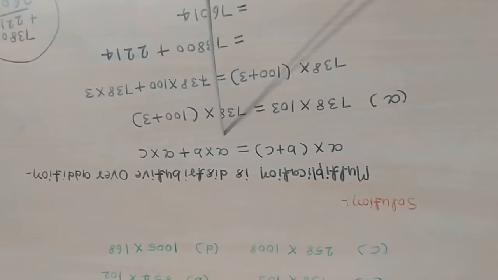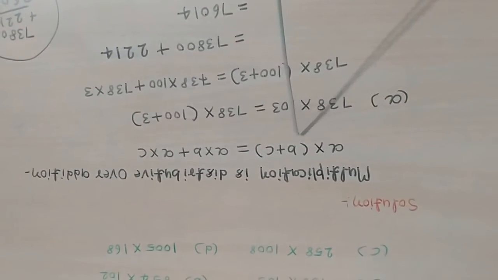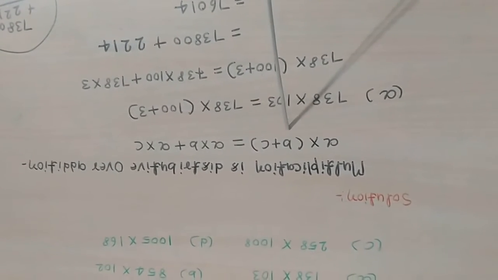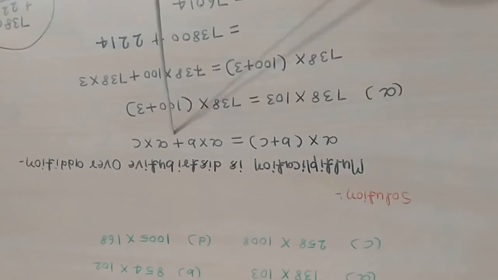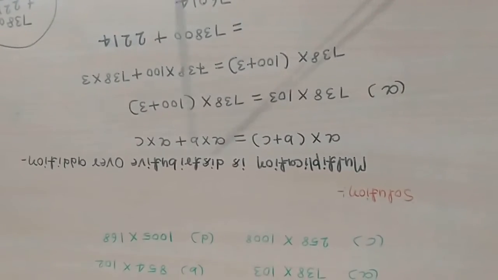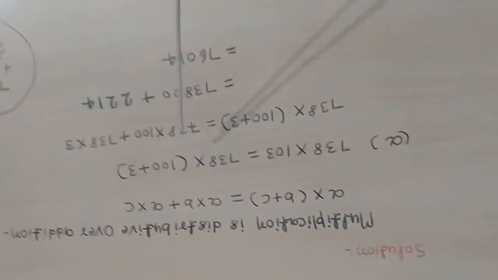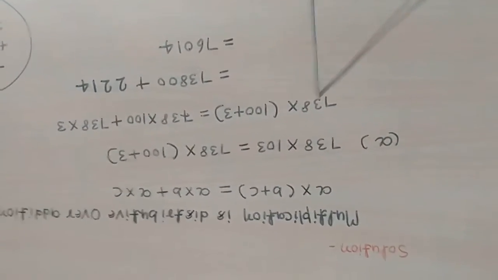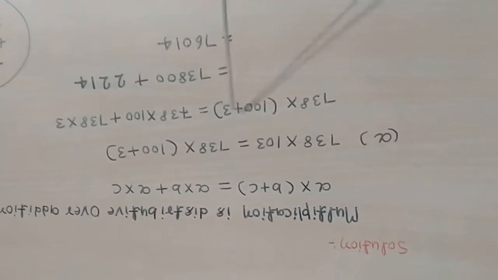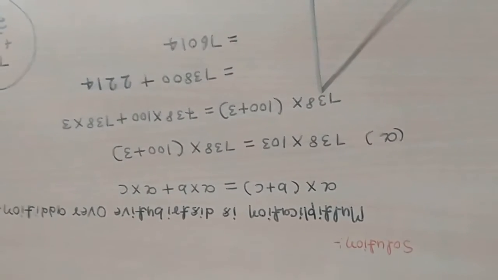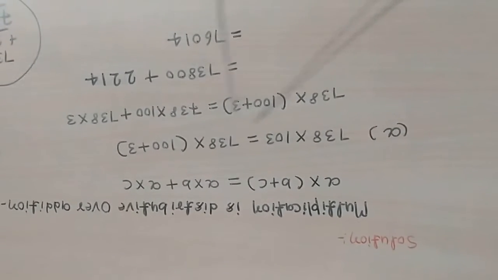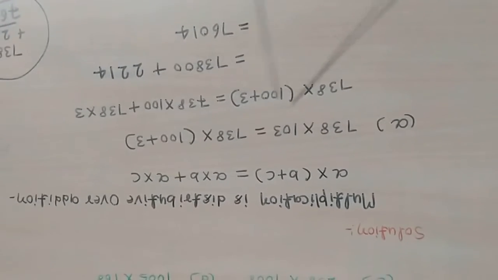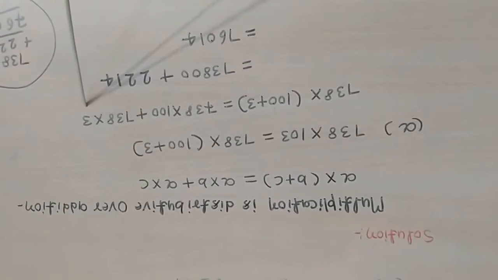According to this property, A into (B plus C) is equal to A into B plus A into C. Here this part is A, this part is B, this part is C. So we multiply 738 into 100 plus 738 into 3.